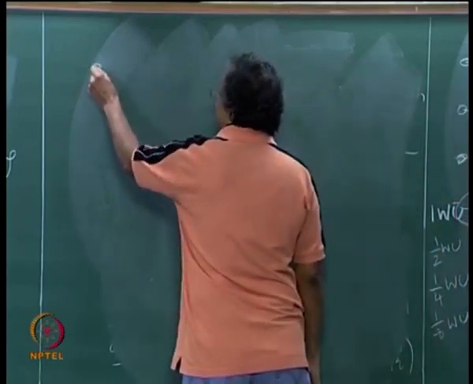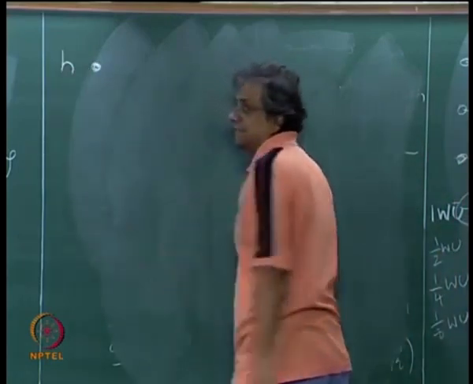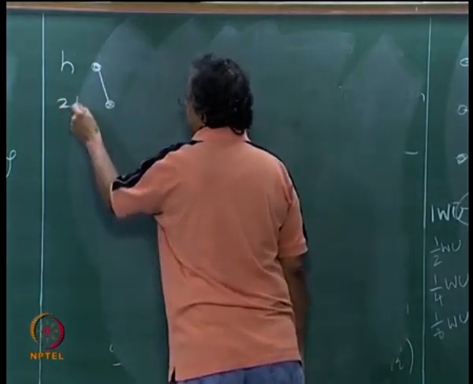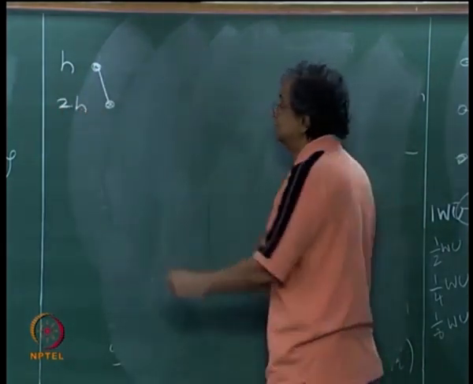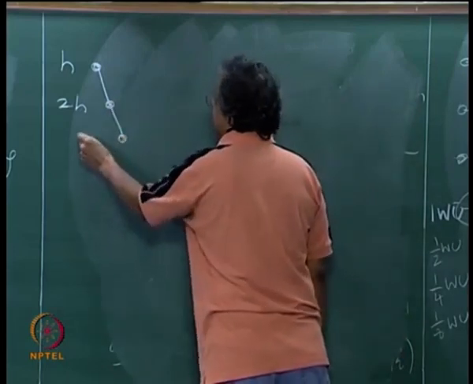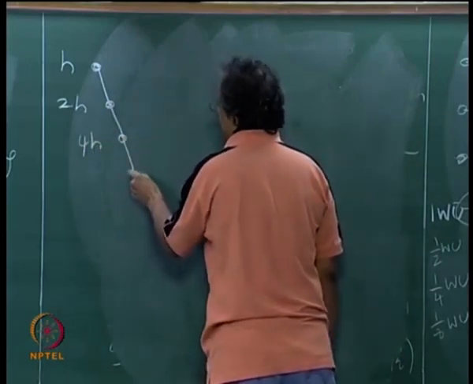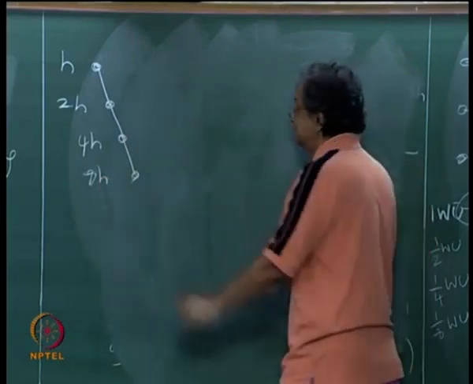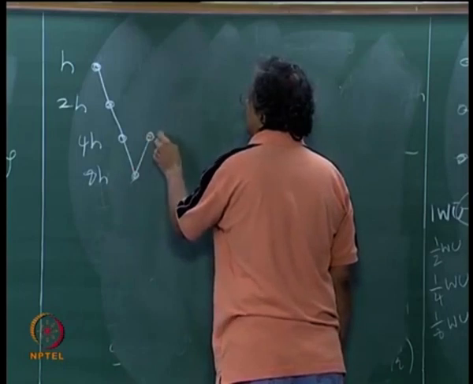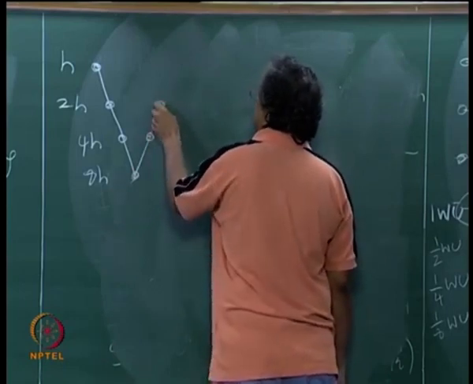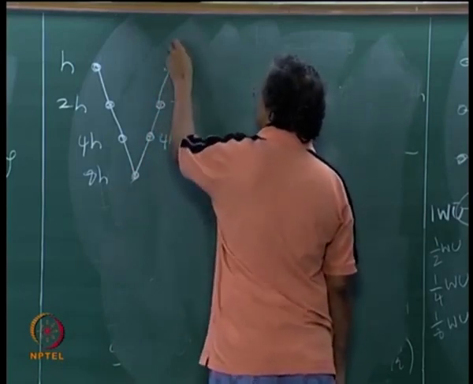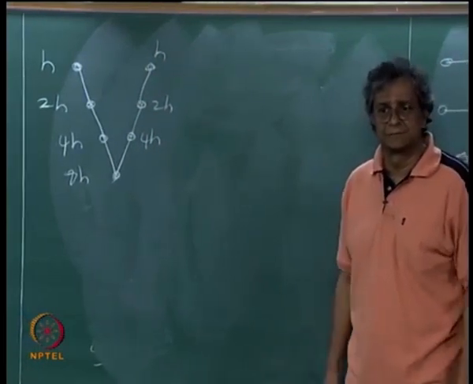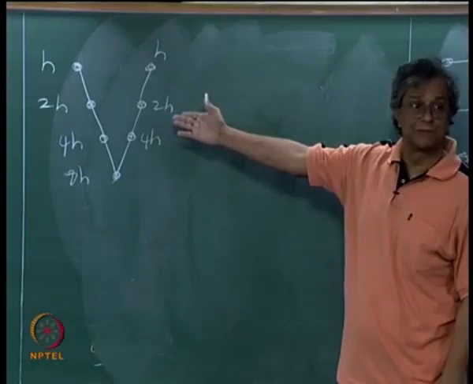So what you do is, this is at the level h, I go from h to 2h, 2h to 4h, 4h to 8h, we will go 4 levels, back to 4h, back to 2h, back to h. Okay, so this represents one cycle. Because of the way it looks, it is called a V cycle.